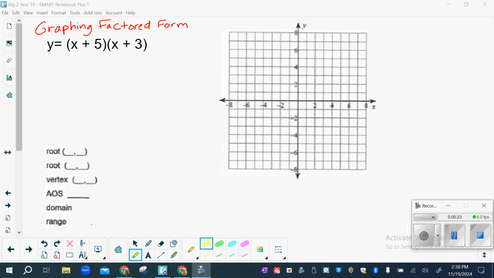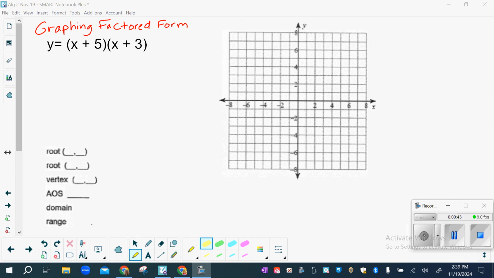So factored form. See how we have some factors here? So what we can do is find our roots. We can find where the graph crosses the x-axis, or the x-intercepts would be another name for them.